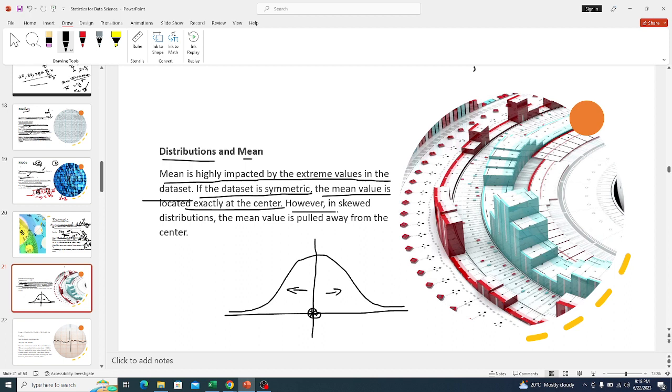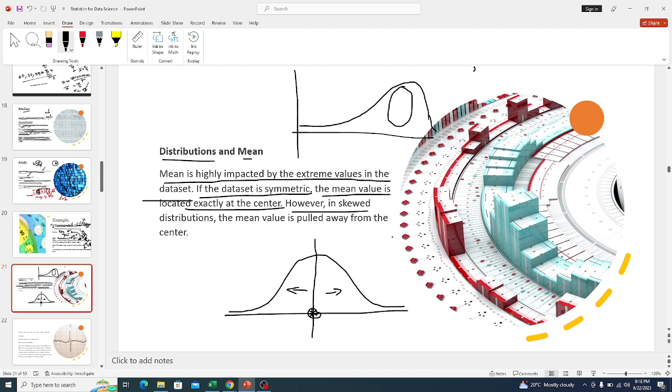However, in a skewed distribution, the mean value is pulled away from the center. Like let's assume we have a left skewness. Our data is skewed, and the majority of our values lie between here.